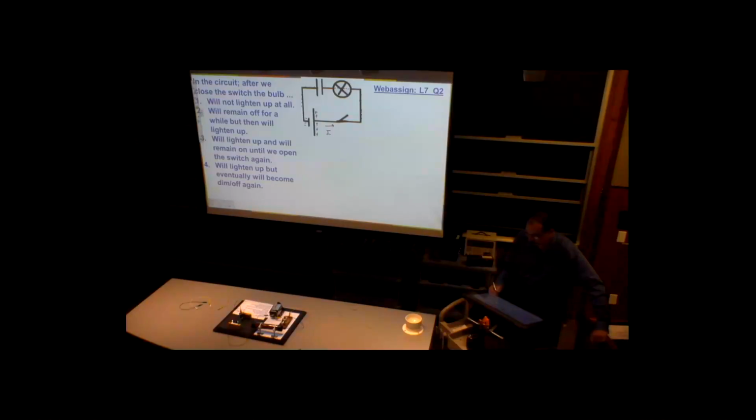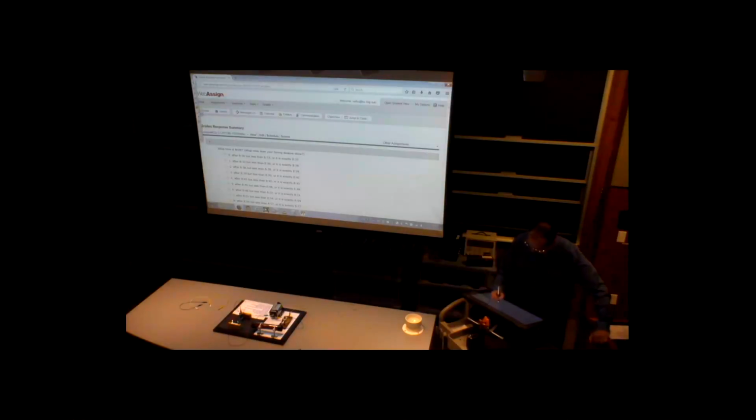And let's see. This is a very rare occasion in physics where we actually need to think a little bit, because it's not related to just repeating something we've done in the past.